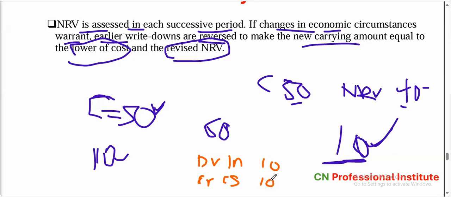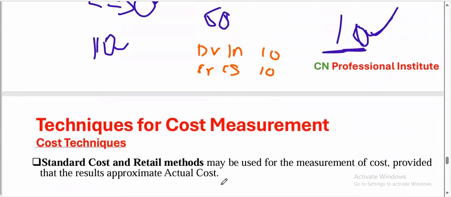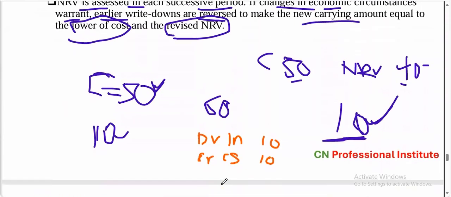So we debit inventory 10 and we credit cost of sales or P&L. Don't forget, we credit cost of sales or P&L. If you are crediting cost of sales, which is an expense, you are deducting and reducing the expense. Be very careful. So you reduce cost of sales by crediting cost of sales, right? That is how we account for reversal of net realizable value.